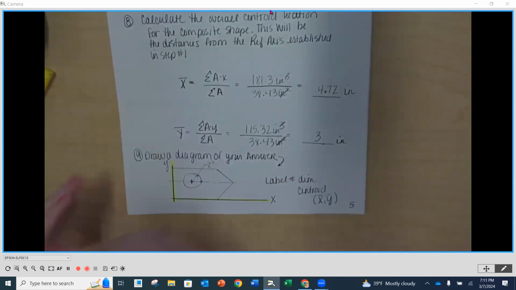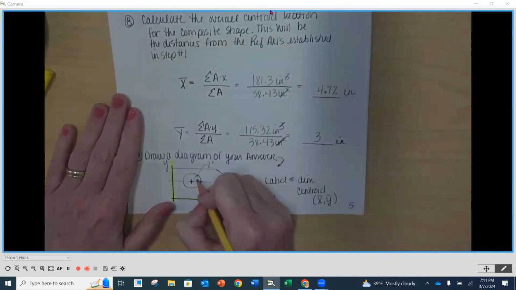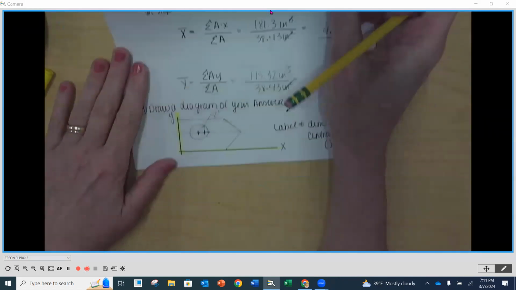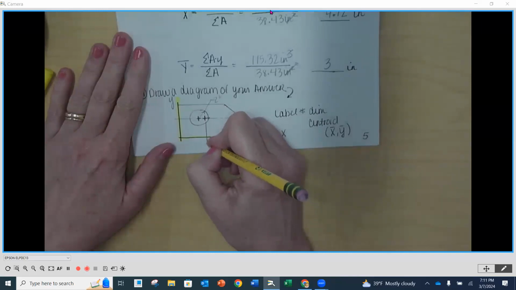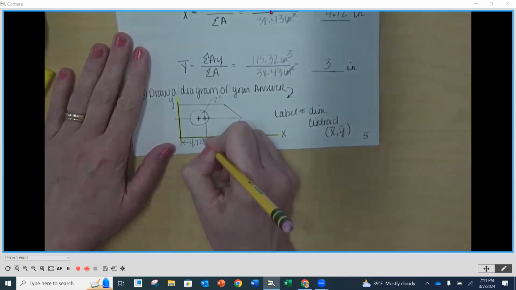So our centroid is less than 5 inches in the x direction. Our overall centroid is going to be somewhere within the radius of that circle, but to the right of its center. And then this is going to be our 4.72 inches.